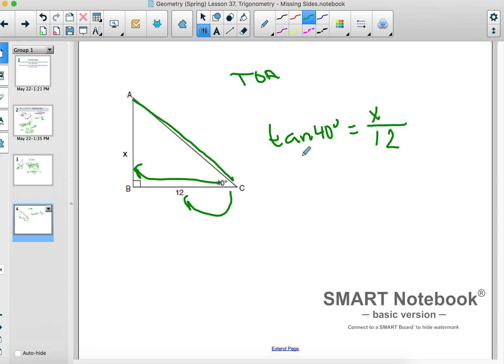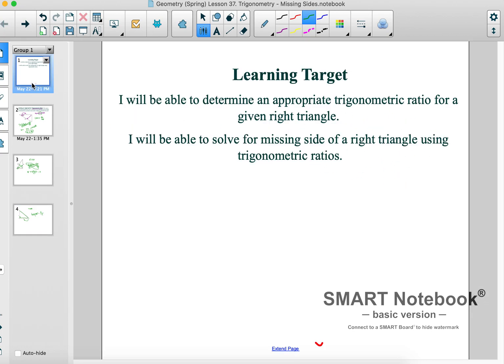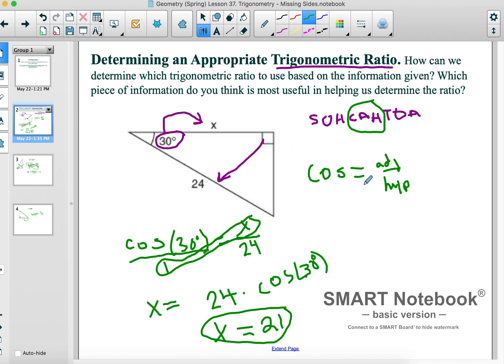And again, you will cross multiply and solve for x this way. And that's really it. That's being able to solve for missing sides of right triangles using trigonometric ratios. You're just putting your ratios in, and now you're solving for x.